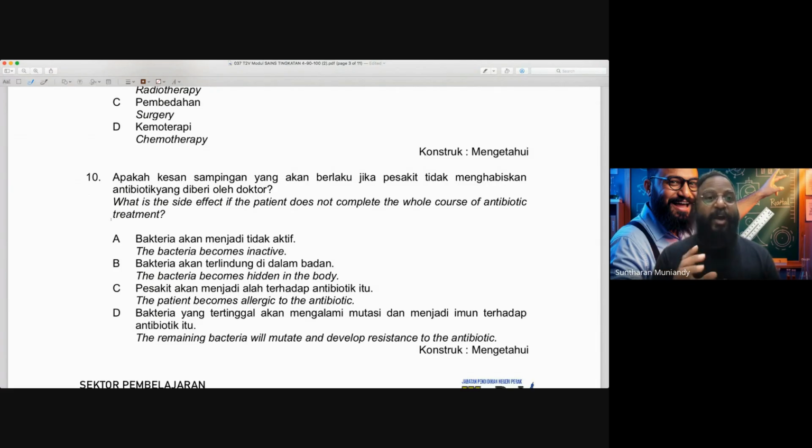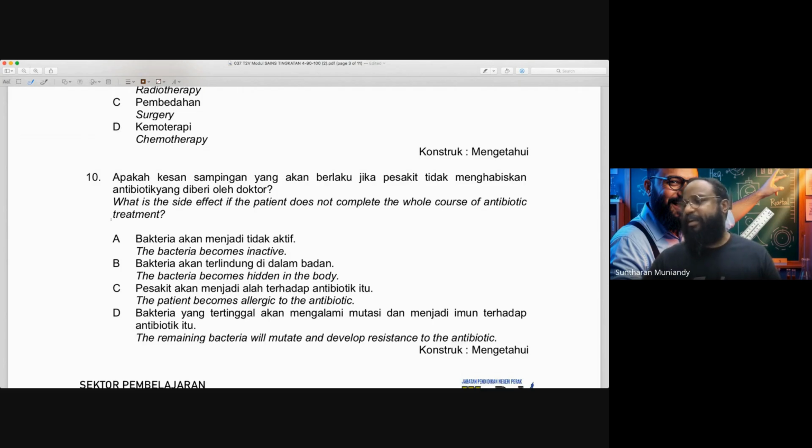They will try to find a way to fight the antibiotics, so you cannot give them time to do that. We shouldn't give the bacteria time to develop resistance towards the antibiotic. So number 10, the bacteria becomes inactive? No, the bacteria doesn't become inactive.